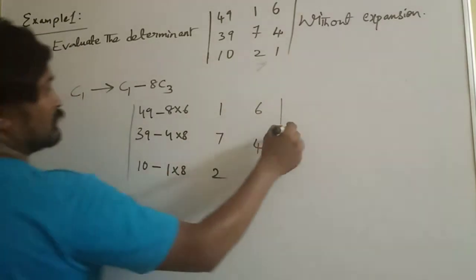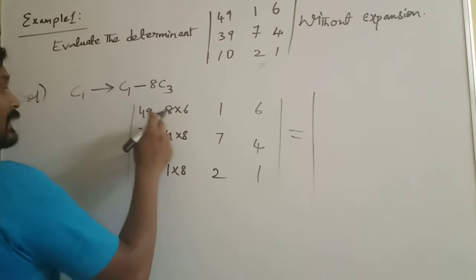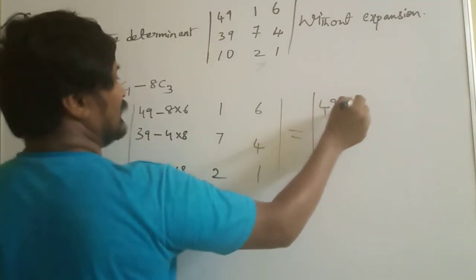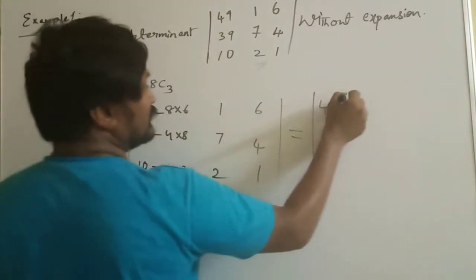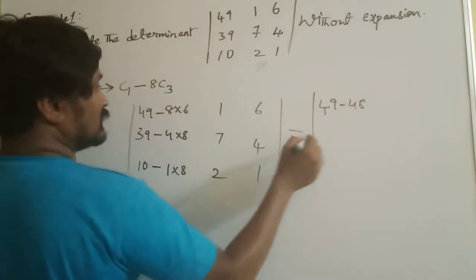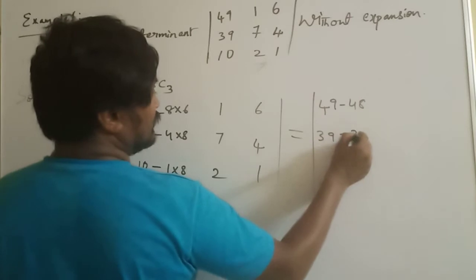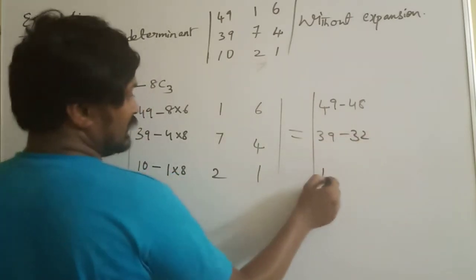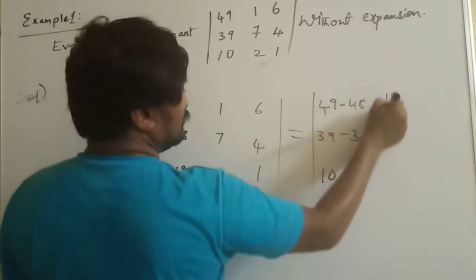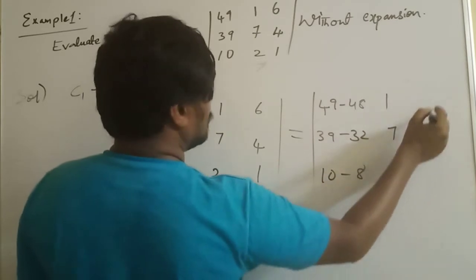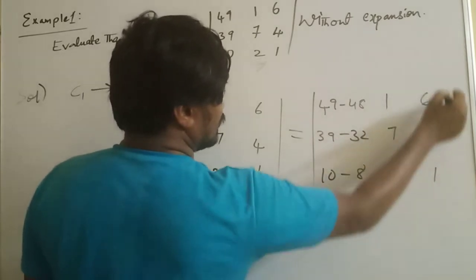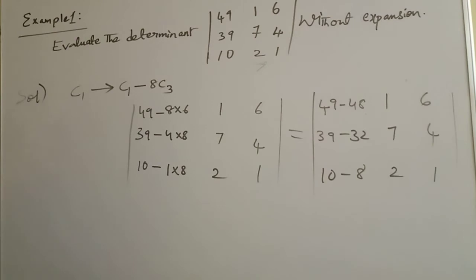So now what are you going to get here? 49 minus 8 6s is 48. 39 minus 8 4s is 32. 10 minus 8. 1, 7, 2, 6, 4, 1. What is your final answer?